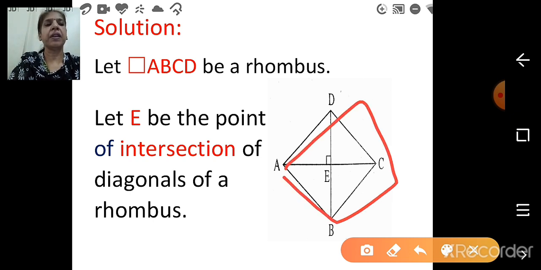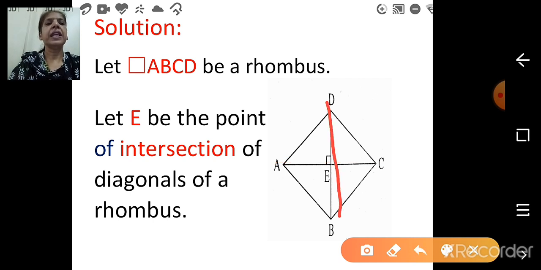So it is given A, B, C, D in order. Now diagonals. One diagonal is BD and another diagonal is AC. So BD and AC, the diagonals are intersecting at point E. So we will mention, let E be the point of intersection of diagonals of a rhombus.